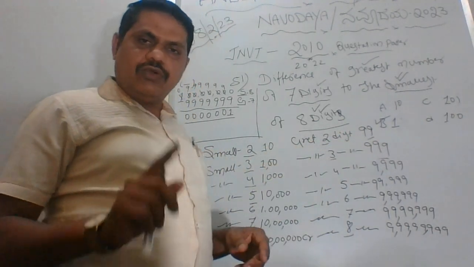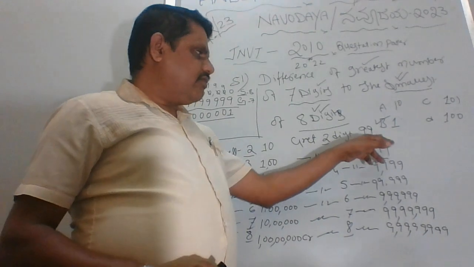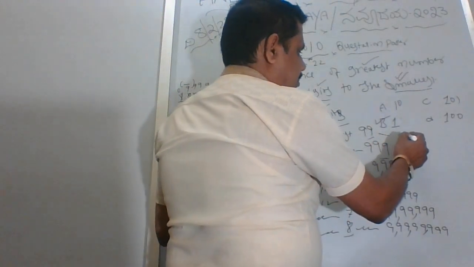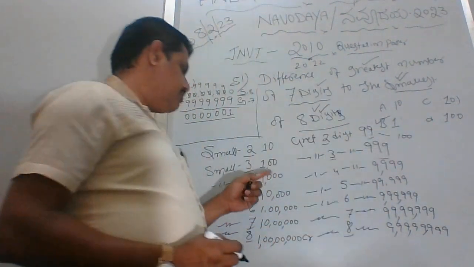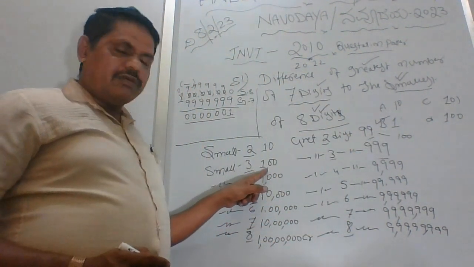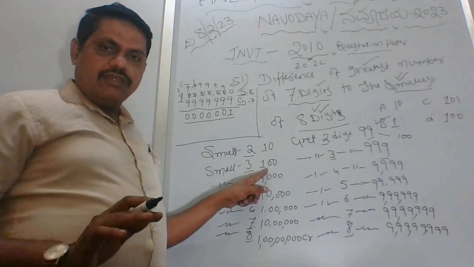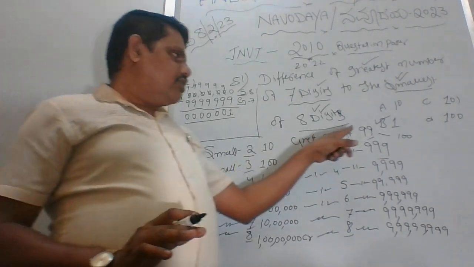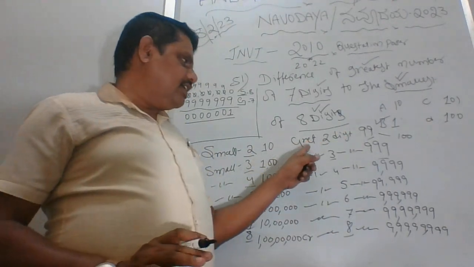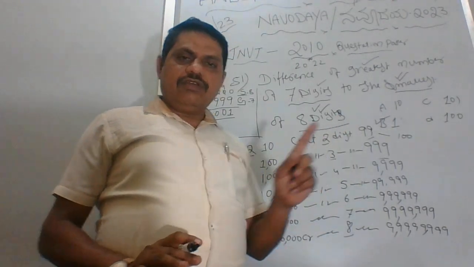Till 99 only, because if you cross this, the next number will be 100, which is a 3 digit number. So the last 2 digit number is 99, the greatest number of 2 digits.